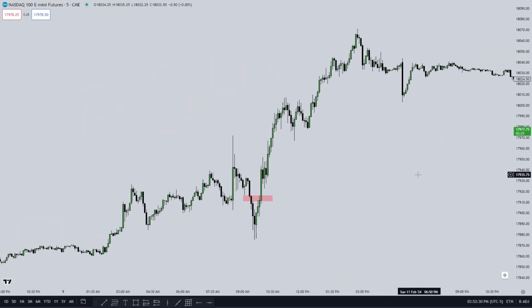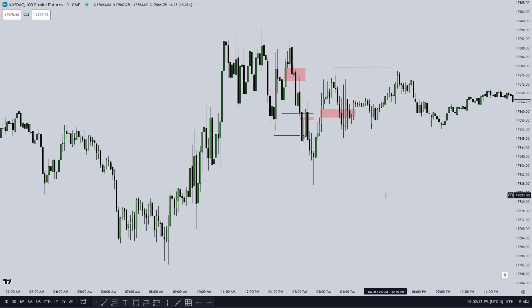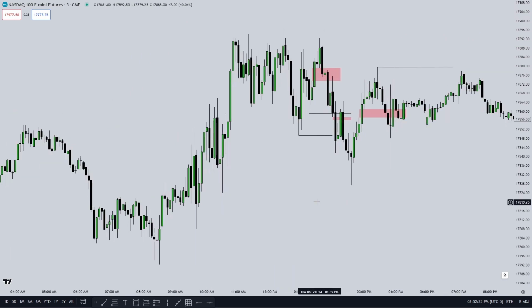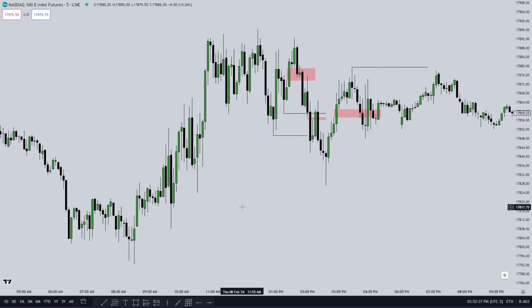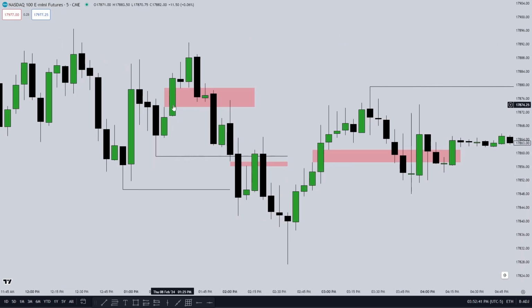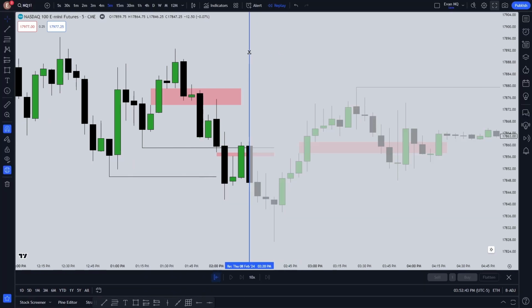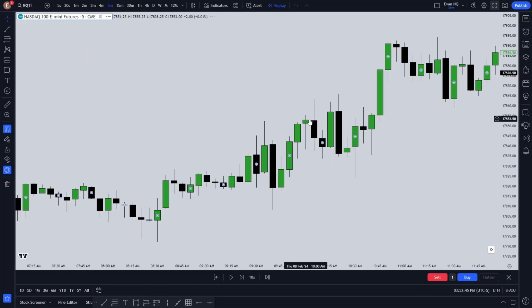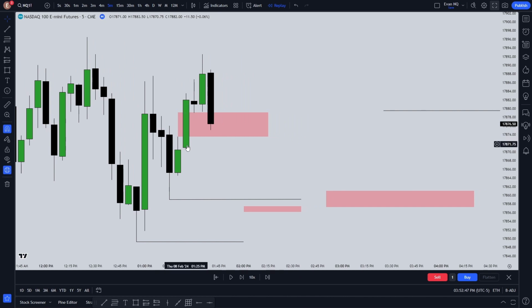So let's find where we were at. Okay, so what do I mean by that? There's going to be times where it's like this. Let's go on replay. If we're looking at price like this, price is rallying up, it's going after this high.